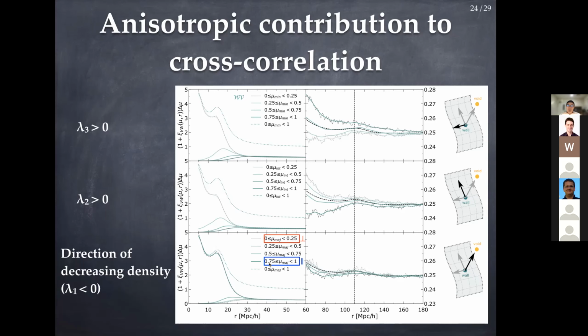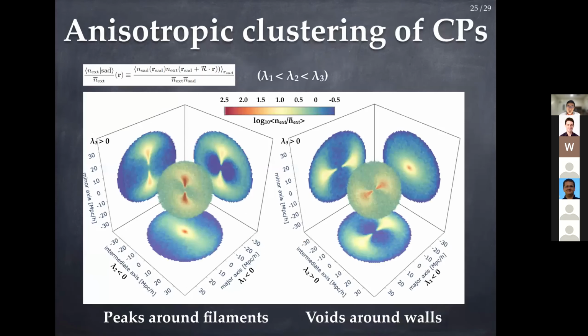So I was mentioning very complicated directions and structures in a complicated way, so I will give you the visualization. These figures are showing you the 3D number excess of extrema points around saddle points in the frame of the saddle. For instance, on your left, there is peak number counts around saddle points, which are filament saddle points, sitting at the center of this sphere.